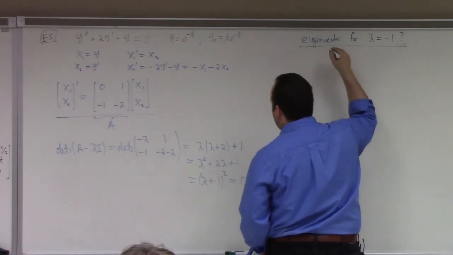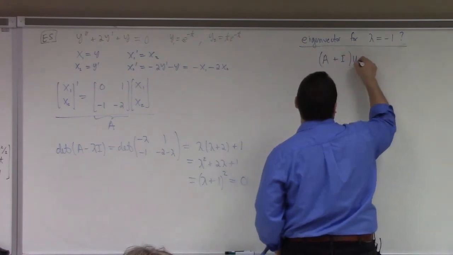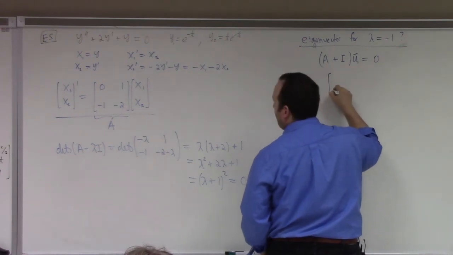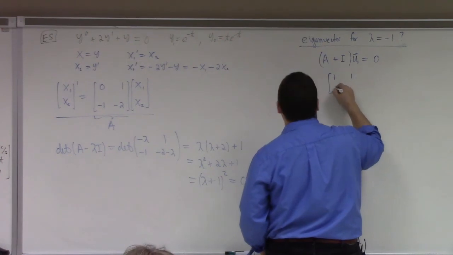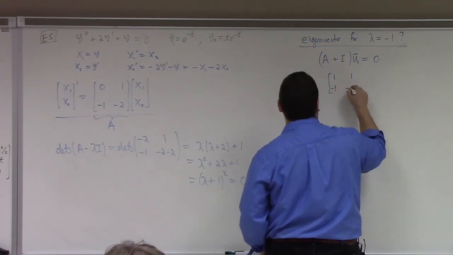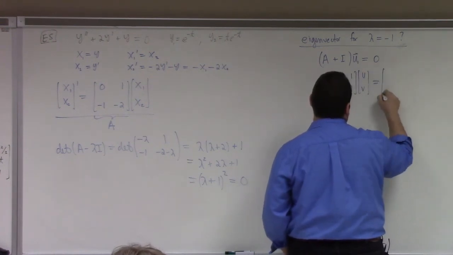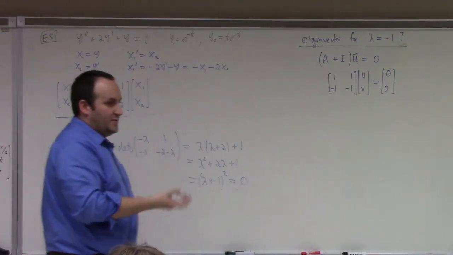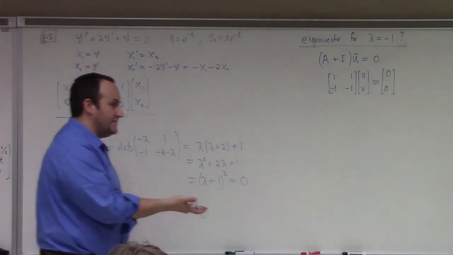We have to solve A plus I times u equals 0, which is what? 1, 1, minus 1, minus 1, times u, v equals 0, 0. Don't think we need row reduction for this one, right? Pretty clear that our equation is u plus v equals 0, right?